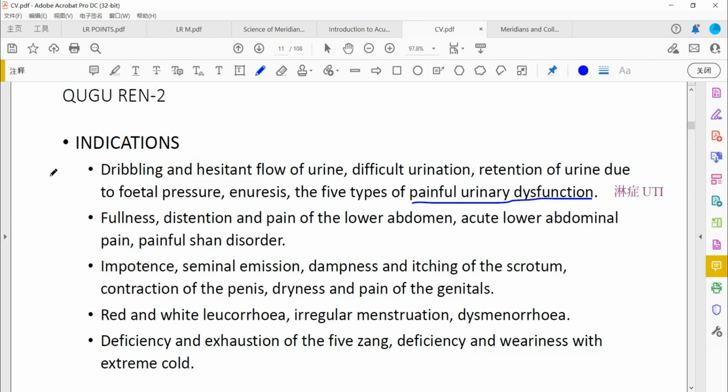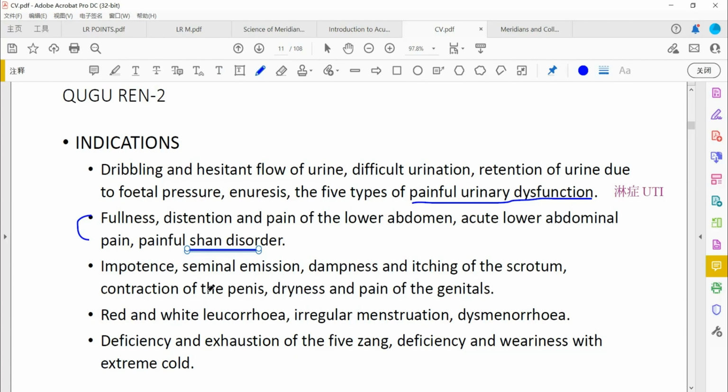It is good for the urination. Fullness and distension and pain of the lower abdomen, acute lower abdominal pain, painful Shan disorder, right? The lower jiao. Impotence, seminal emission, dampness and itching of the scrotum, contraction of the penis, dryness and pain of the genitals.